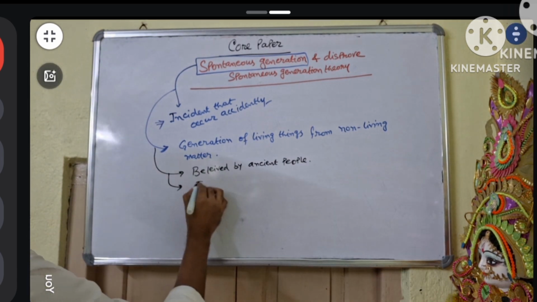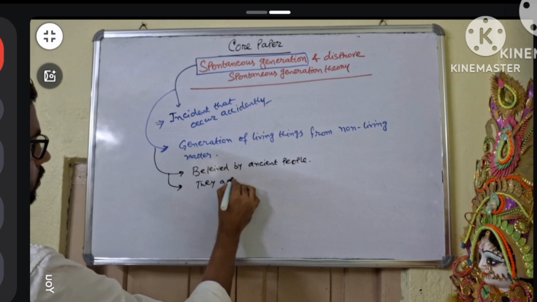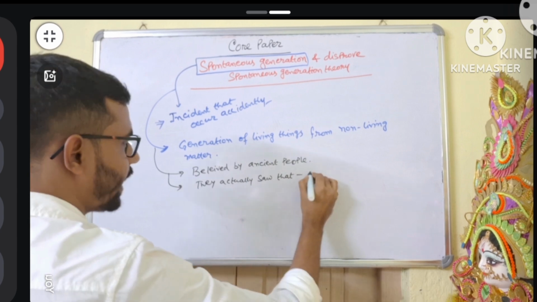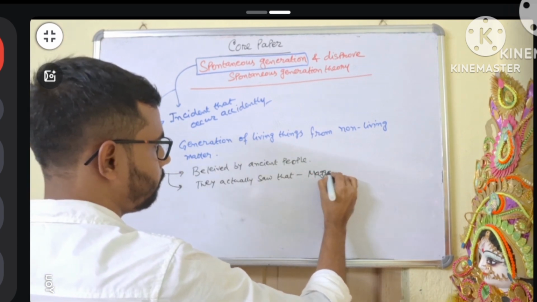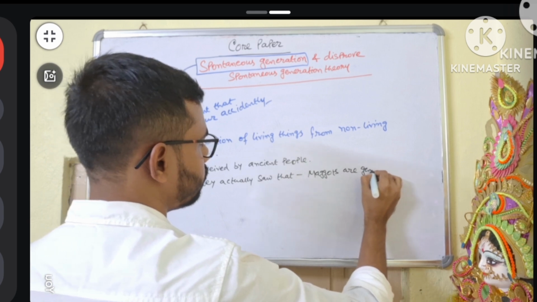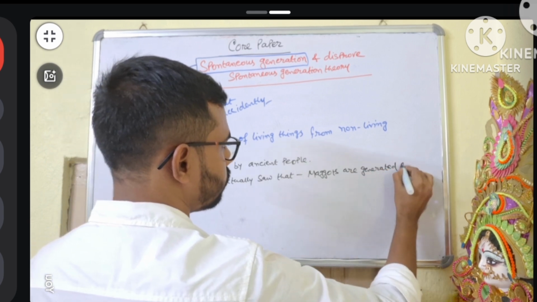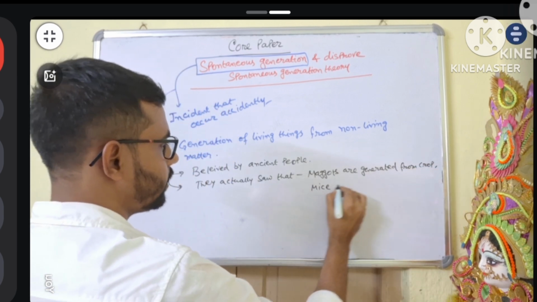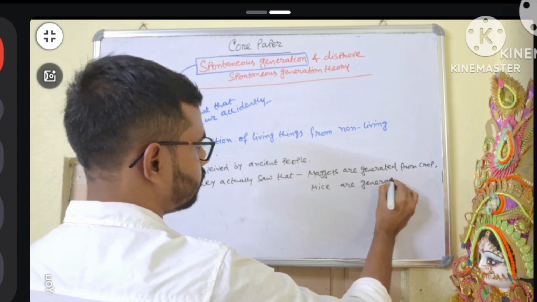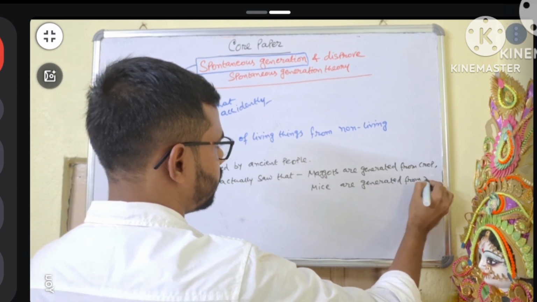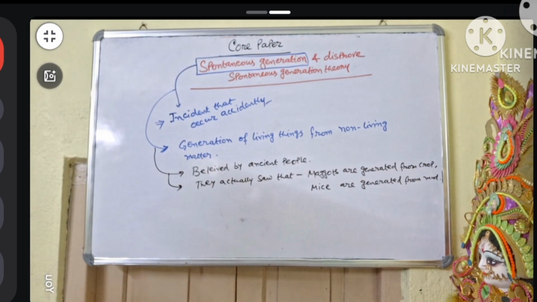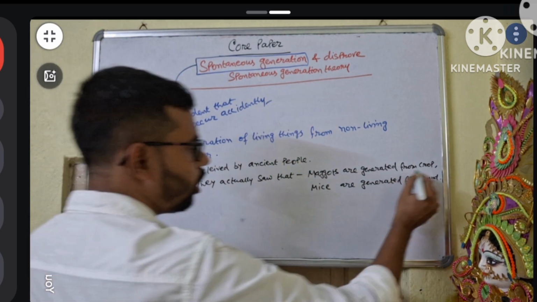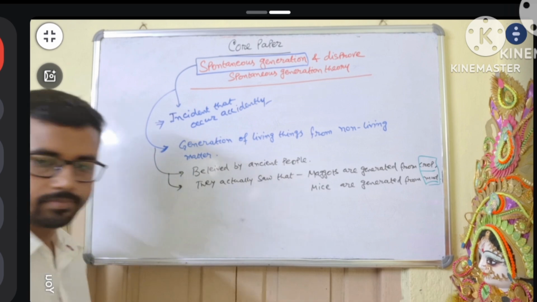They actually saw that maggots are generated from crop, mice are generated from mud, etc. That means crop and mud are non-living things.